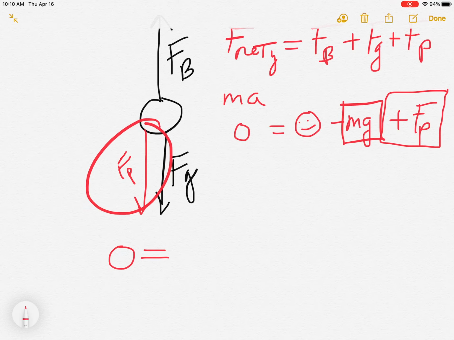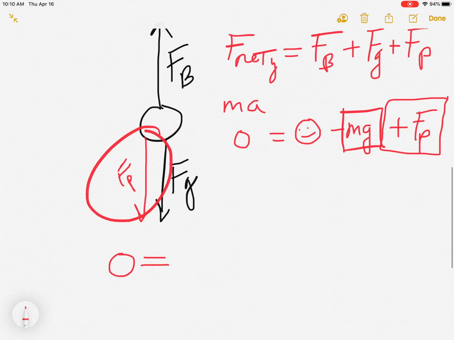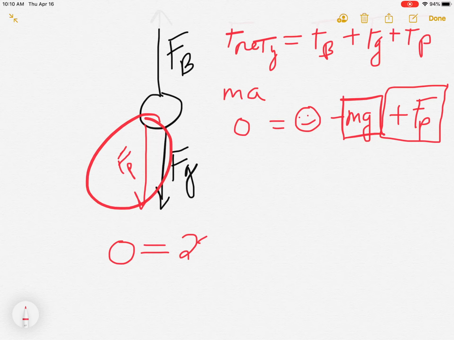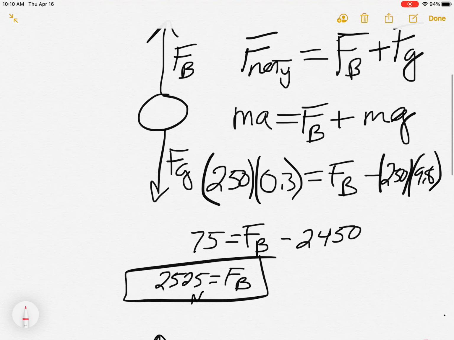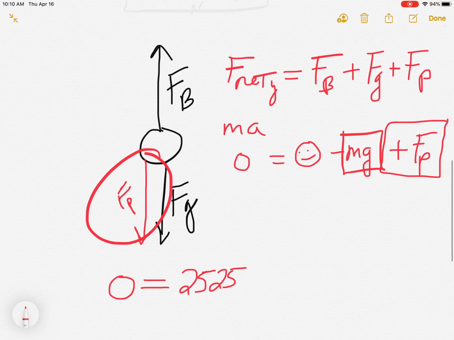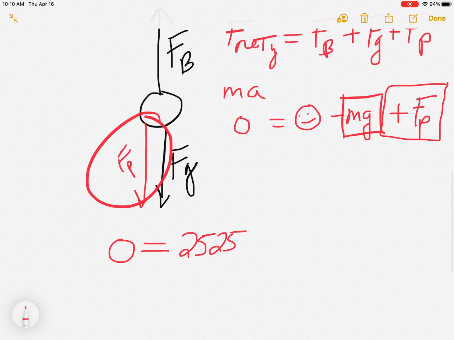Okay? So when you do that, let's just do a couple more steps for you. Remember, the force of the balloon was 2525. So that goes there, and it's up. The force of gravity, we also figured that out over here. It was right here, which is this number, 2450. That's the force of gravity on the balloon, and it's down.